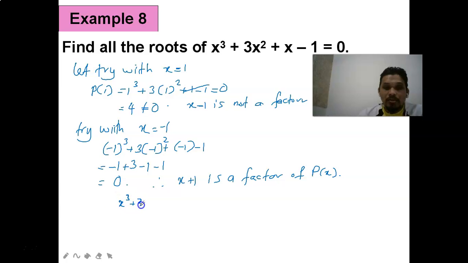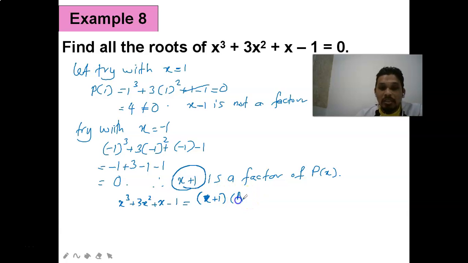Okay, so then our next step is, now x cubed plus 3x squared plus x minus 1 equal to, okay, this is one of the factors, x plus 1, then the other one here is ax squared plus bx plus c.